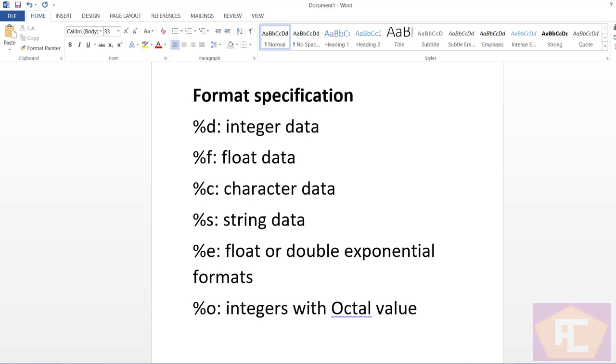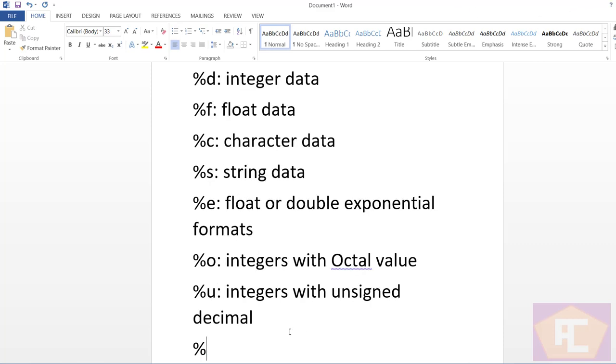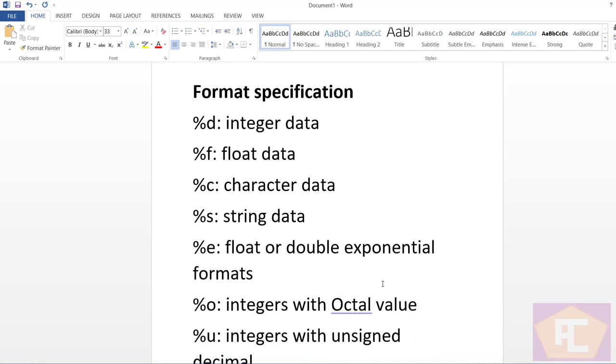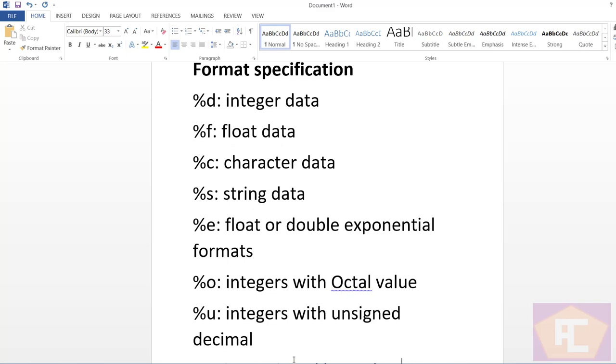And next is %u. This is to get integers with unsigned decimals. The other specifier I would like to tell you is %x. This takes in unsigned hexadecimal integer values. I will try to give examples for all of these. So now, having mentioned these format specifiers, let us follow this up with some good examples in programming.